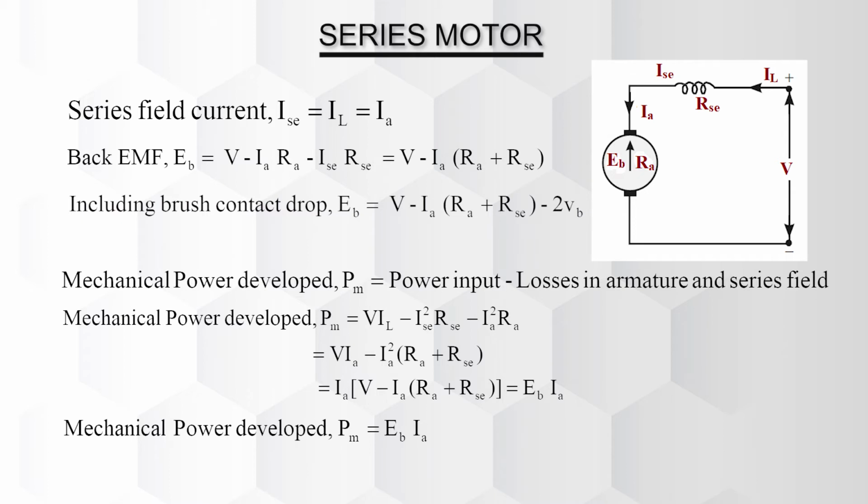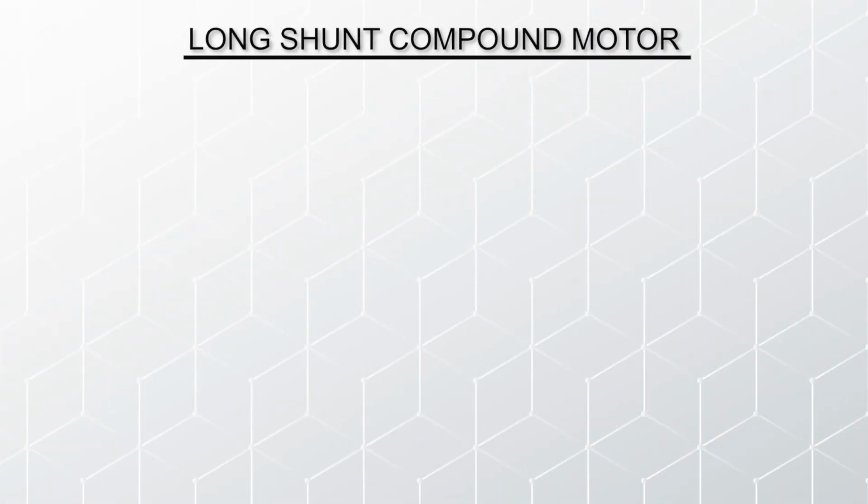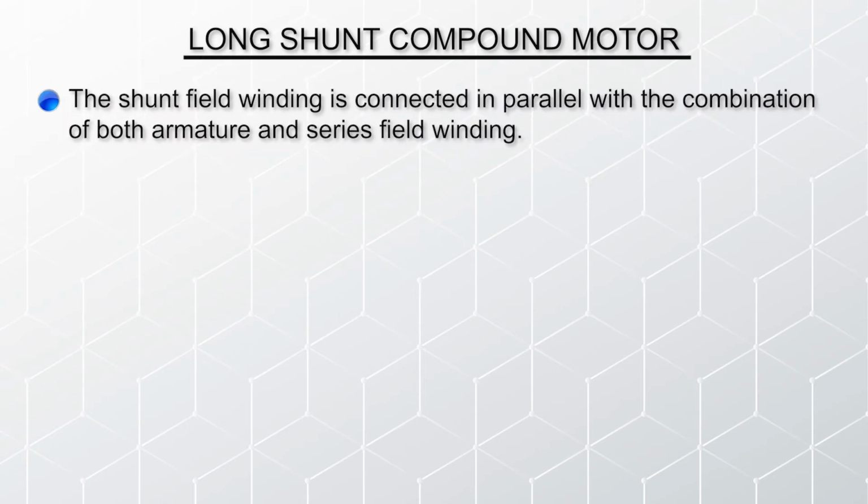Now we are going to discuss the compound motor. This compound motor can again be classified as long shunt compound motor and short shunt compound motor. So now we are going to discuss the long shunt compound motor. In a long shunt compound motor, the shunt field winding is connected in parallel with the combination of both armature and series field winding.